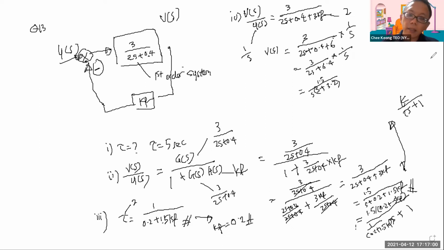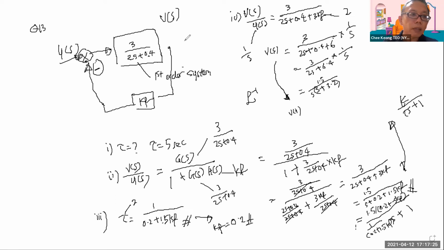Now under this case, how do we find v(t)? In order to find v(t), we have to do a Laplace inverse. That means moving from the s domain back to the time domain. For the Laplace inverse, you just look at the table in the formula sheet.